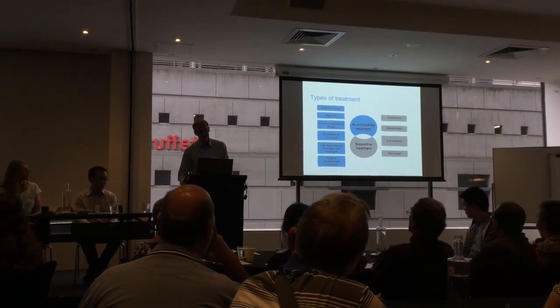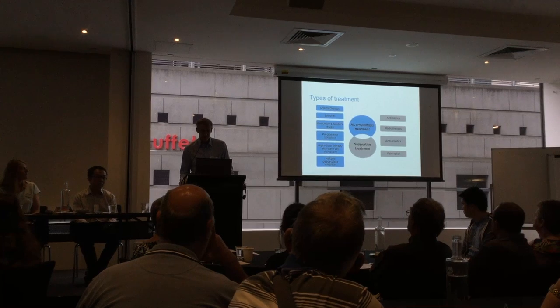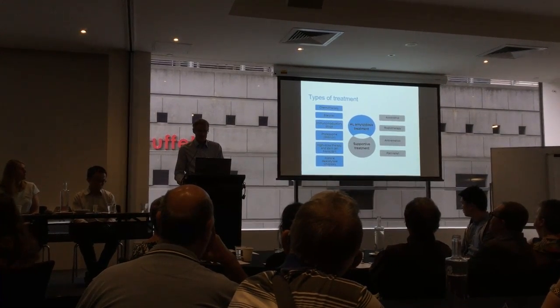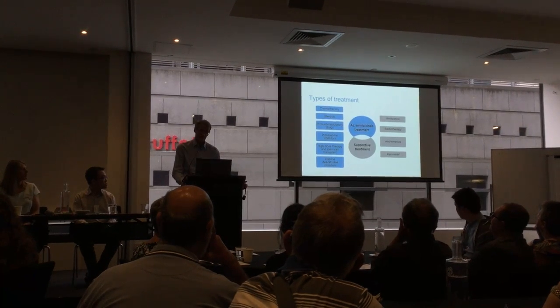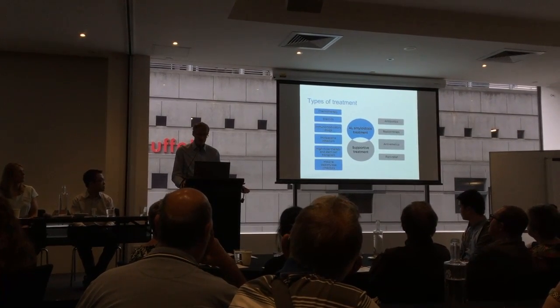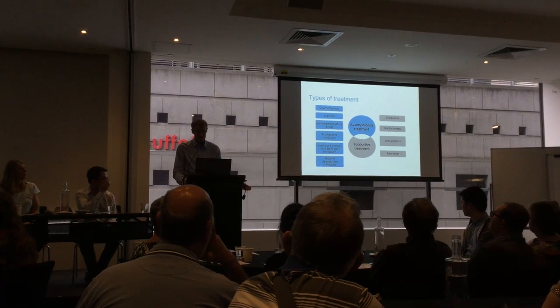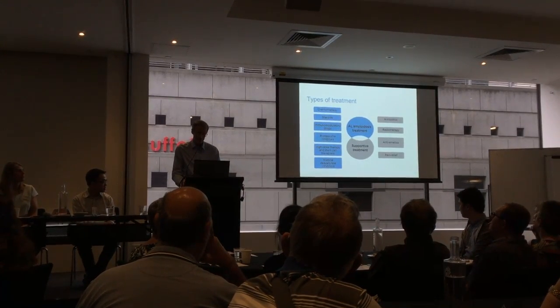There are many, many different drugs, and none of these were developed specifically for AL amyloidosis. We've borrowed all of these treatments from the treatment of myeloma, the malignant cancerous plasma cell disease of the bone marrow.